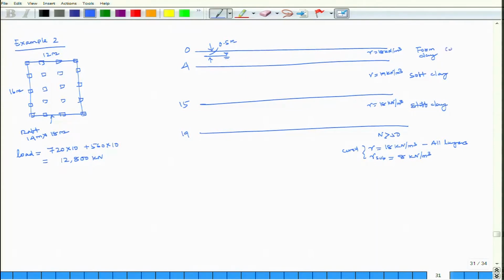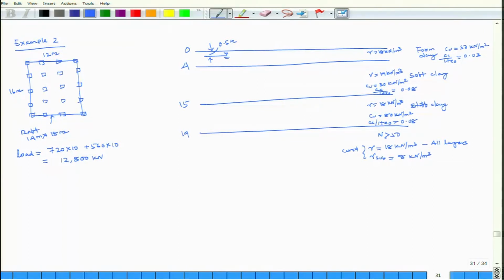Here in this case Cu is given 50 kilonewton per meter square, Cc by 1 plus e0 which is equal to 0.03, and here Cu is equal to 30 kilonewton per meter square, Cc by 1 plus e0 which is equal to 0.08, then here Cu is equal to 80 kilonewton per meter square, and then Cc by 1 plus e0 which is equal to 0.08. This is what your subsoil profile is given.